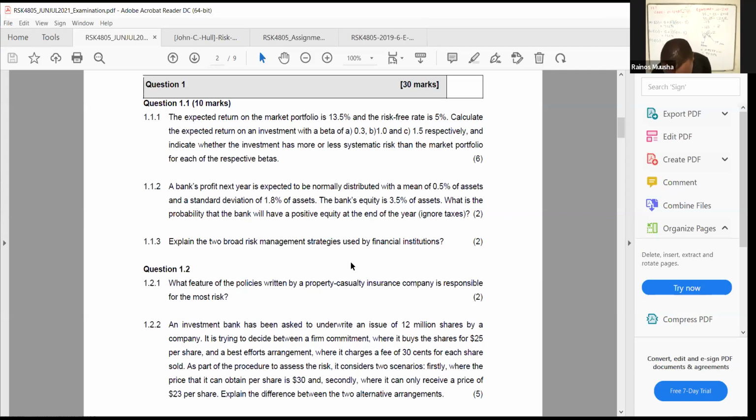On the next question, they say, explain the two broad risk management strategies used by financial institutions. So they ask us to explain the two broad risk management strategies used by financial institutions.